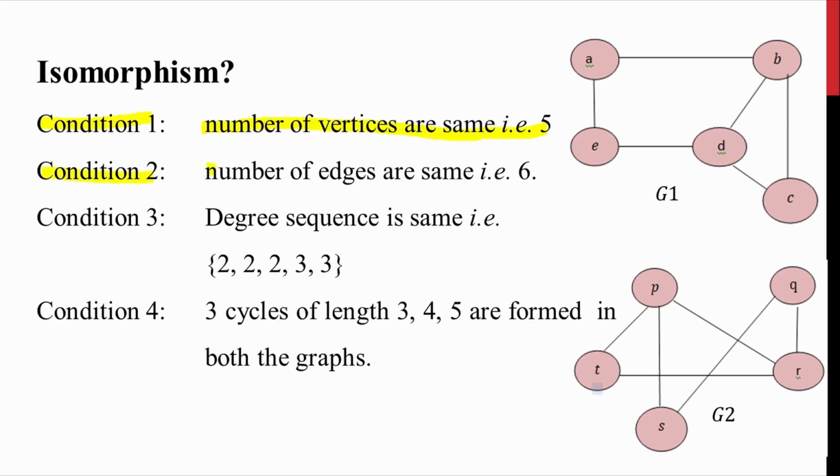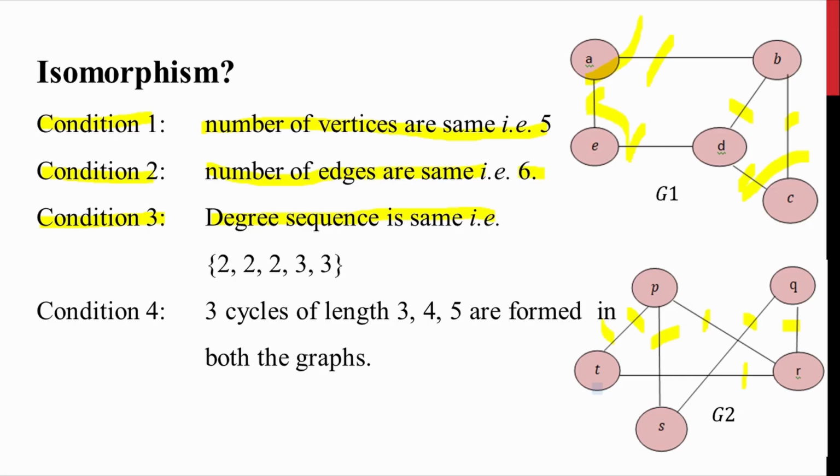The second condition is the number of edges, that is 6. So here we have 1, 2, 3, 4, 5 and 6 edges in G1, and the 6 edges in G2. Condition 3, the degree sequence is the same. The degree of A is 2, E is 2, C is 2.